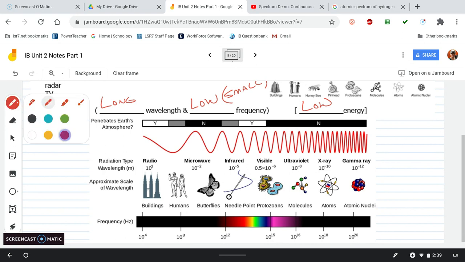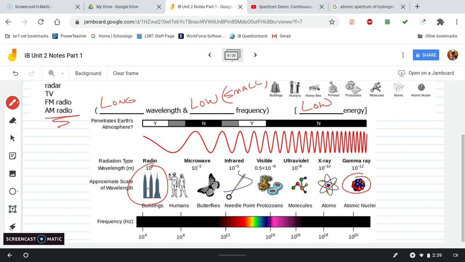I don't think this is in your specific note packet. Radio waves are like the size of buildings in terms of their wavelength. They're huge, whereas gamma rays' wavelength is the size of an atomic nucleus. It's tiny, tiny, tiny.